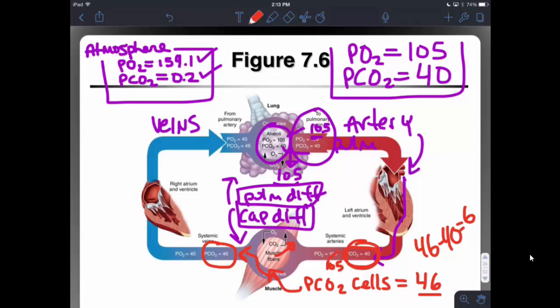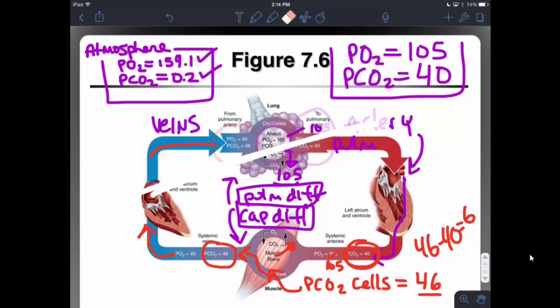And that CO2, with a pressure of 46, is going to be carried in the venous blood back to the heart, right atrium, right ventricle, to the pulmonary vein, into the lungs. And again, what we see coming into the lungs is a PCO2 of 46.